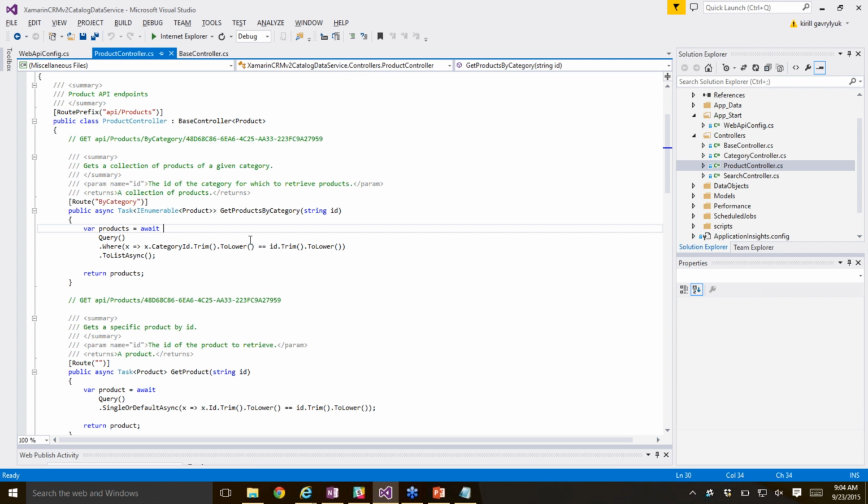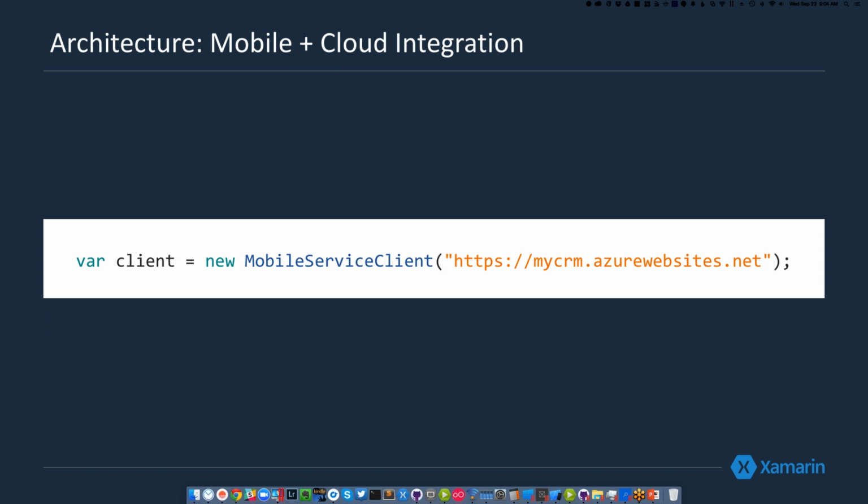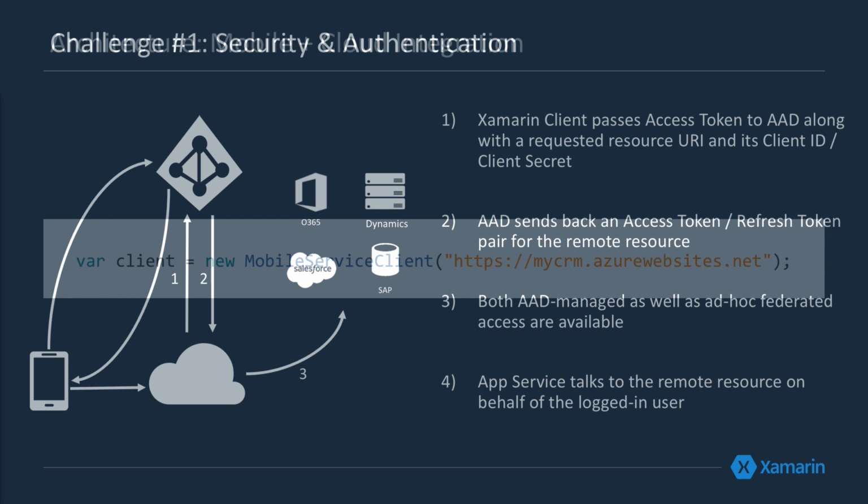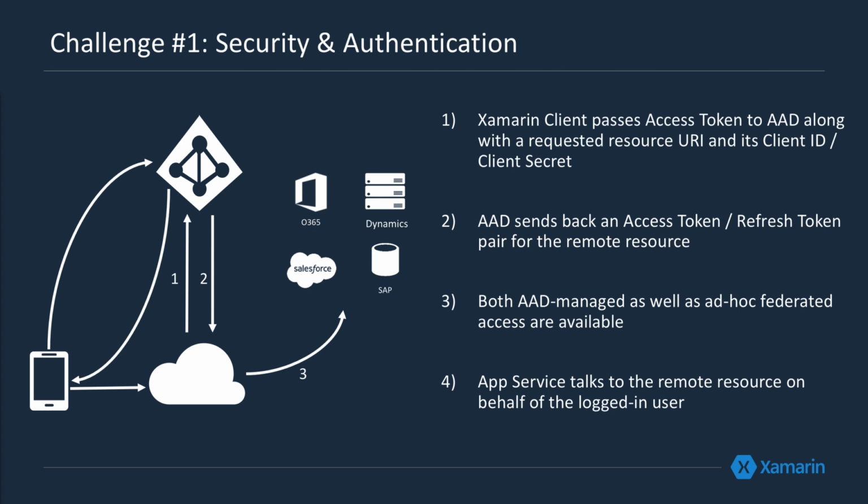And once Steve takes control over the screen, all it takes is one line of code right here to connect your Xamarin app to your mobile backend. Of course, if you want to do something with the mobile backend, you probably need to write a few more lines of code. And this is a good transition to our challenges, to a set of common challenges that face enterprise app developers and how we solve them for the Xamarin CRM app.